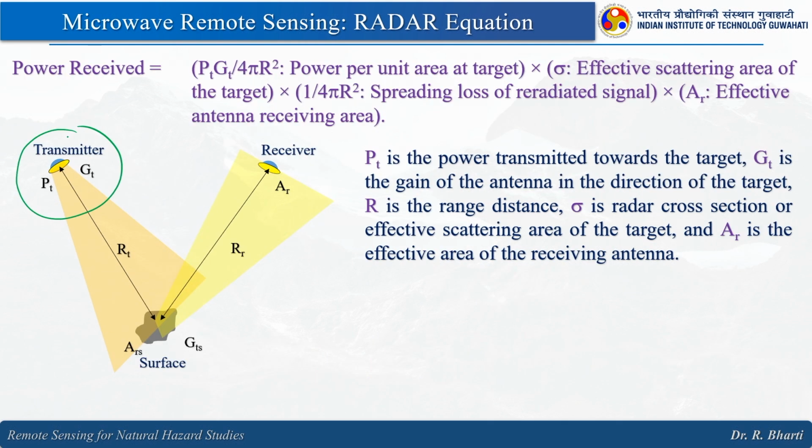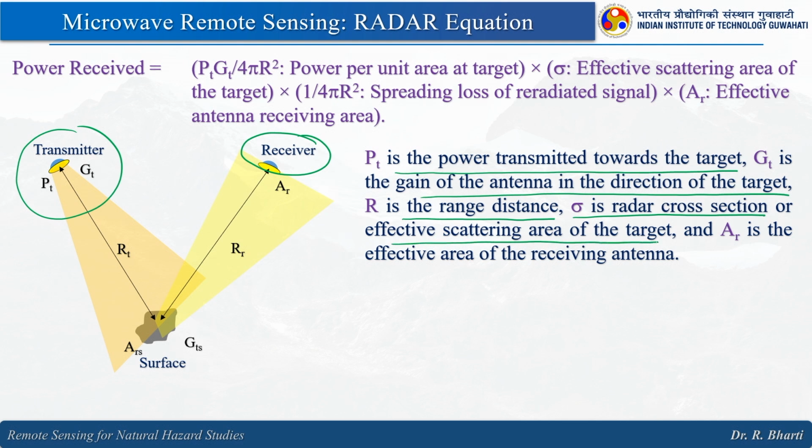Further, the transmitter and receiver are both here. PT is the power transmitted towards the target, GT is the gain of the antenna in the direction of the target, R is the range distance, sigma is the radar cross section or the effective scattering area of the target, and AR is the effective area of the receiving antenna.